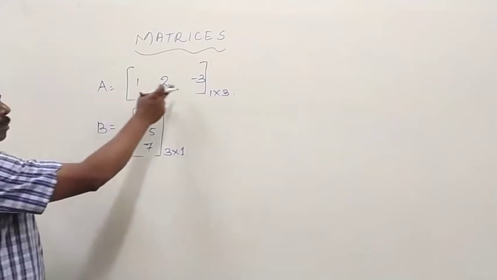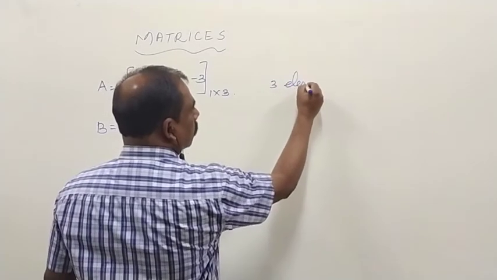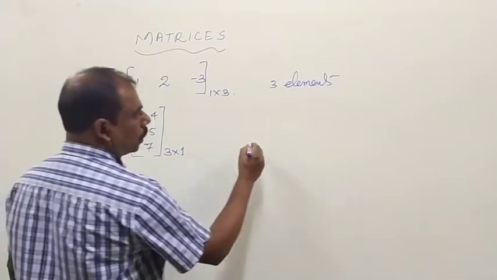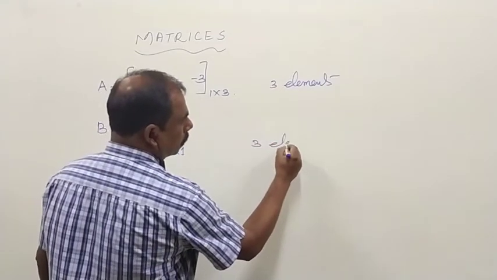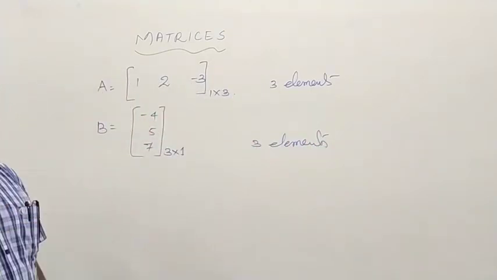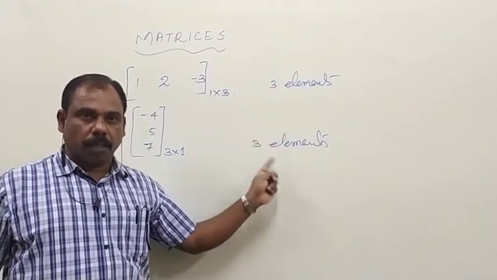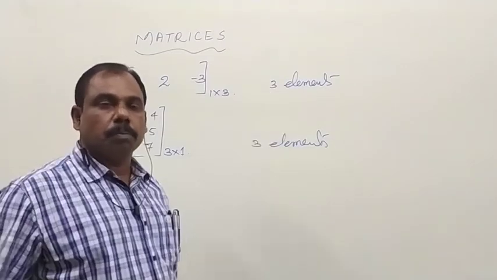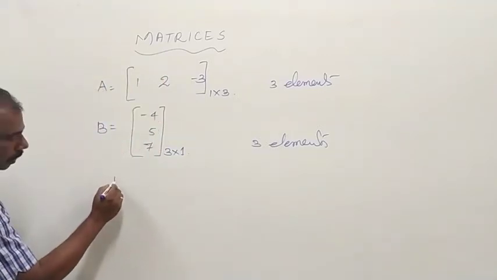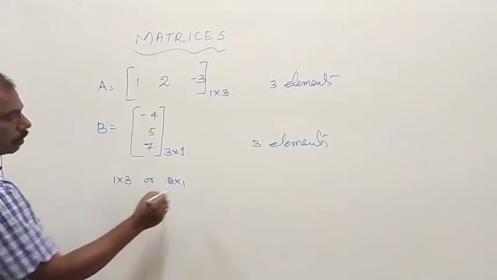Now, if you look at the first matrix, we have 3 elements, and the second matrix also has 3 elements. In other words, if a matrix has 3 elements, what are the possible ways of its order? Its order can be either 1 by 3 or 3 by 1.